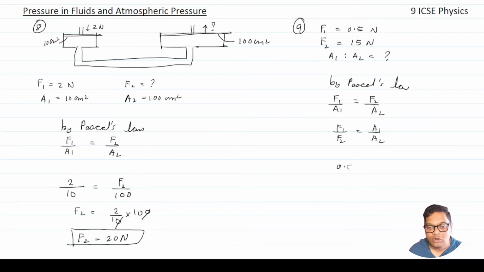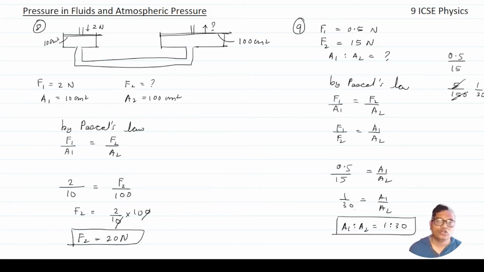Here we have 0.5 upon 15 is A1 upon A2. 0.5 upon 15 is 5 over 150, which is 1 over 30 as A1 upon A2. That is the reason A1 is to A2 as 1 is to 30. So the ratio of area is 1 is to 30. Do not leave the answer as a fraction, write it like a ratio. Moving ahead to the next one.